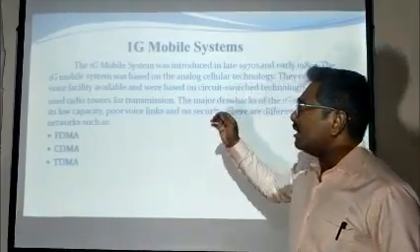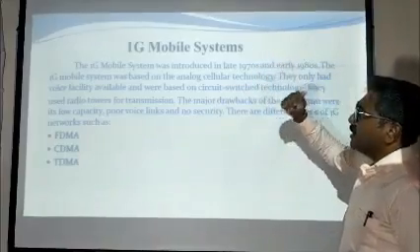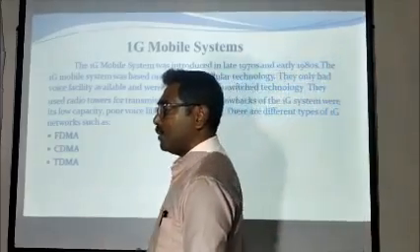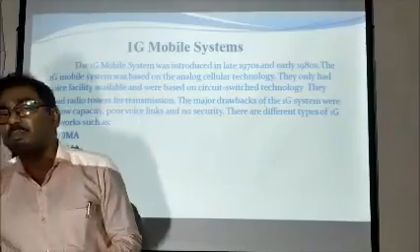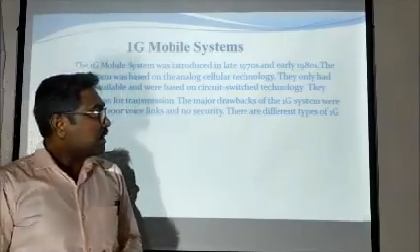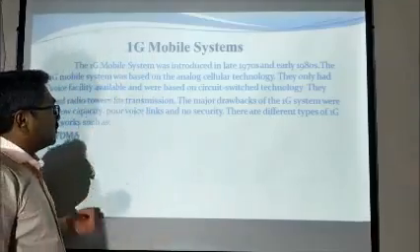It started in the late 1970s or 1980s. The demerits of this 1G network are its poor quality and lack of security.